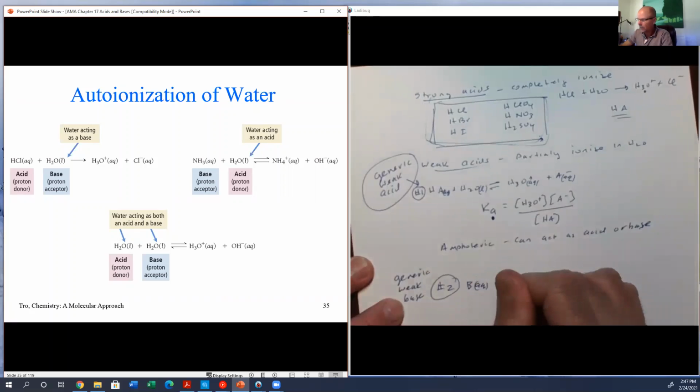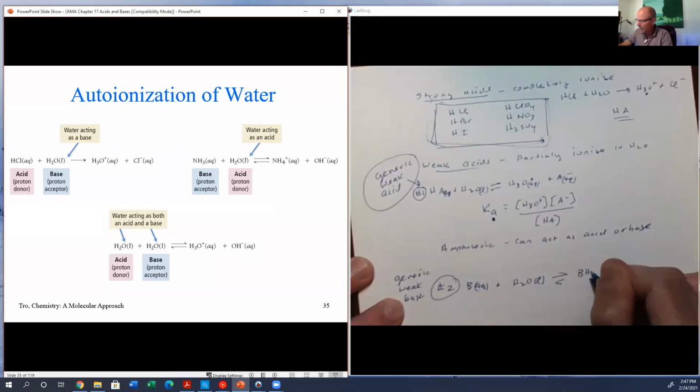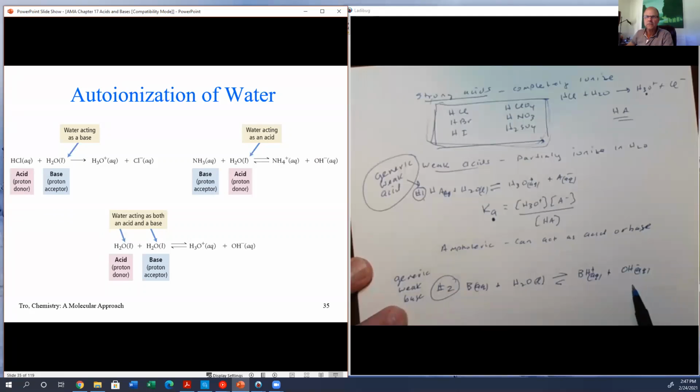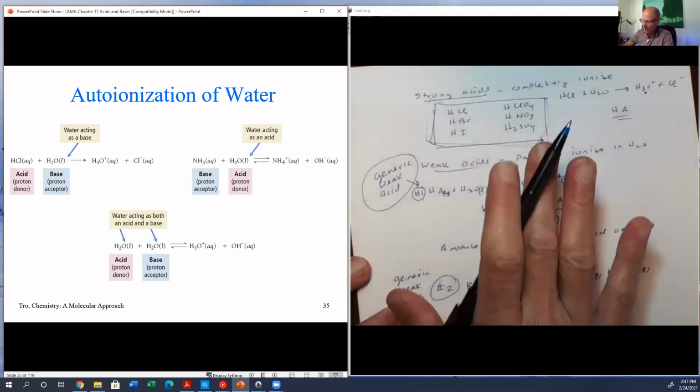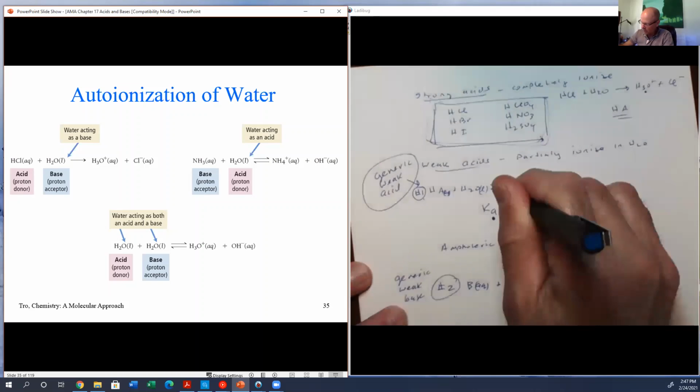Base aqueous plus H2O liquid in equilibrium with BH plus OH minus, right? So most weak acids are going to act according to this equation. Most weak bases are going to act according to this equation, all right? I'm going to set that aside for right now, but I just wanted to put it on paper. These two equations right here.